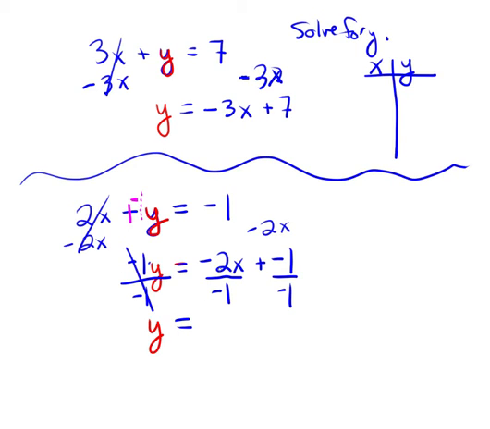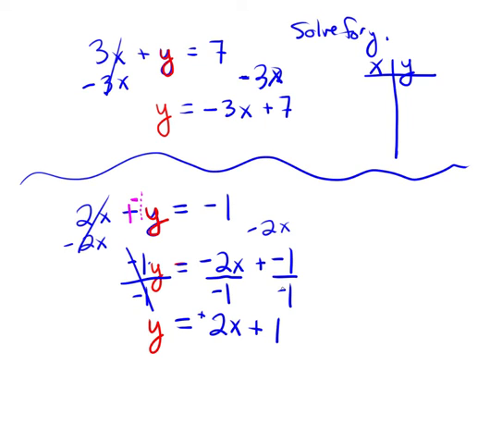Equals, now negative 2 divided by negative 1. So 2 divided by 1 is 2, and a negative divided by a negative is a positive 2. Bring down my x, bring down my plus, and a negative 1 divided by a negative 1, they do cancel out, so be careful, but 1 divided by 1 is a 1.